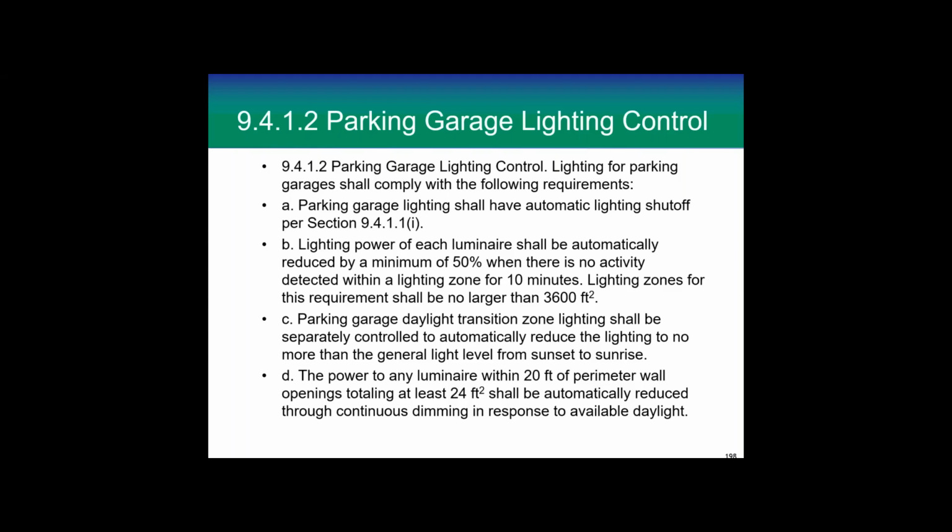Then we're going to turn off some lighting, and we're going to do it by small sections. Lighting power at each luminaire should be automatically reduced to a minimum of 50% when there's no activity detected within the lighting zone for 10 minutes. Lighting zones for the requirement should be no larger than 3,600 square feet. So we won't go to 0 because that would be scary, but we will turn it down.